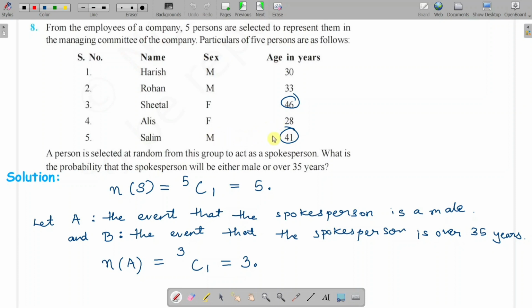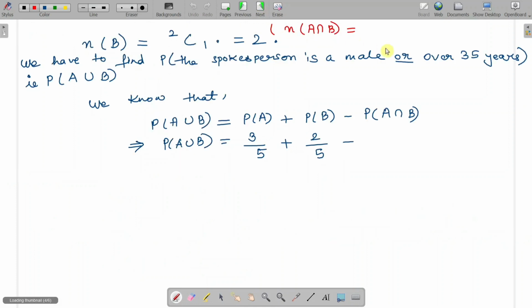So there is only one male who is over 35 years, and that is Salim here, right? So the number of elements in A intersection B is 1. So we will get 1 by 5.